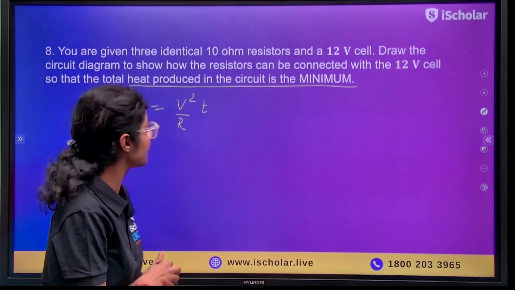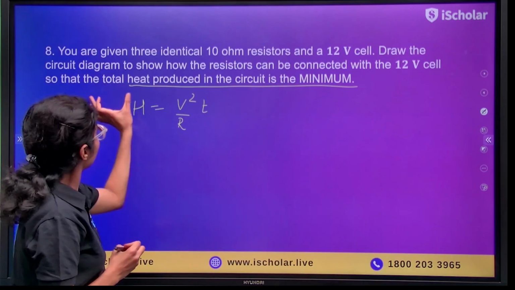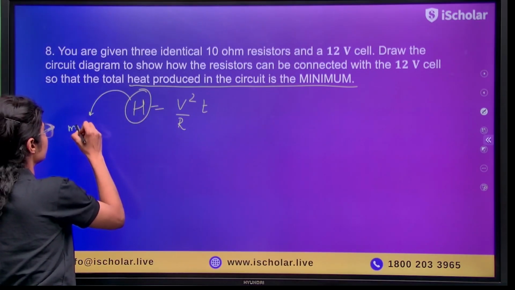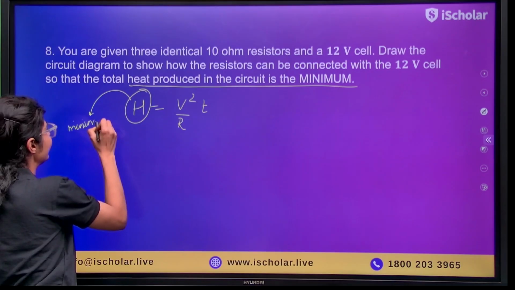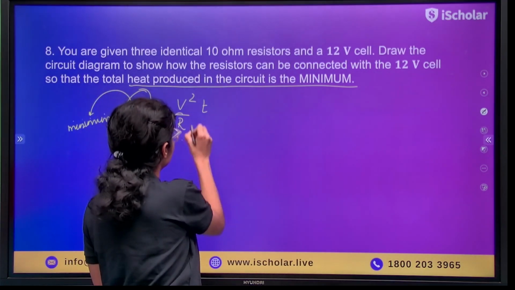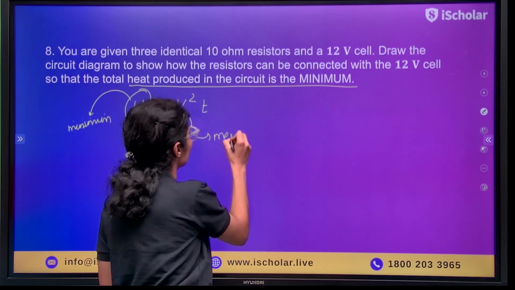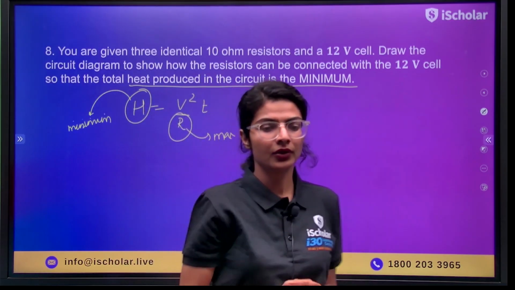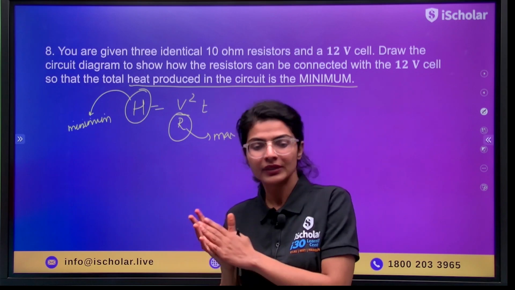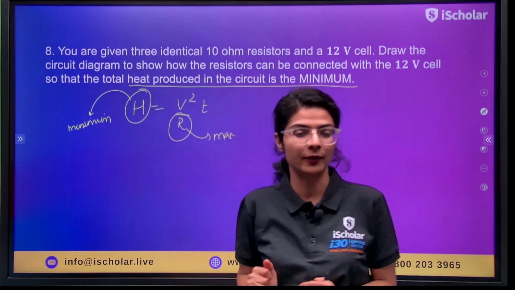We all know this. Now for the circuit, if the heat has to be the minimum value, can we say that the resistance logically has to be the maximum value? When the resistance has the maximum value, the heat will have the minimum value.